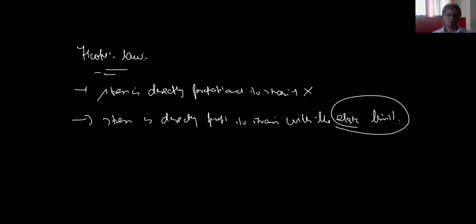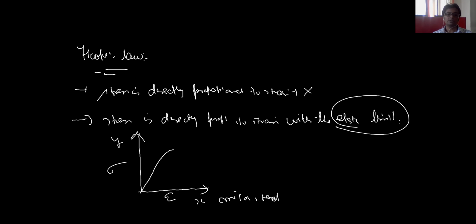So I would like to explain this from the stress strain diagram of a mild steel. You might have heard the name of it, the stress strain diagram of a mild steel, where stress is plotted on the y-axis and strain is plotted on the x-axis. If you draw the diagram, it will come like this.